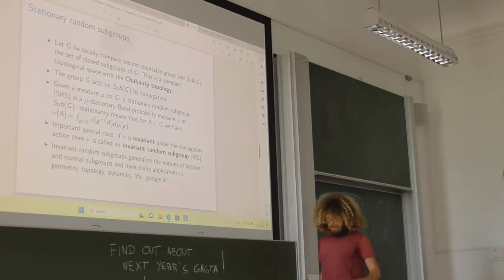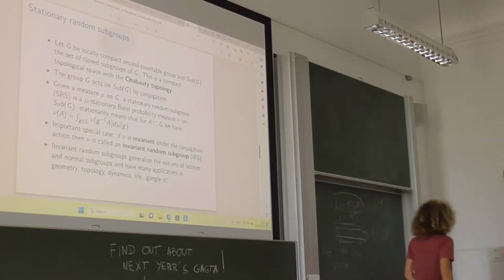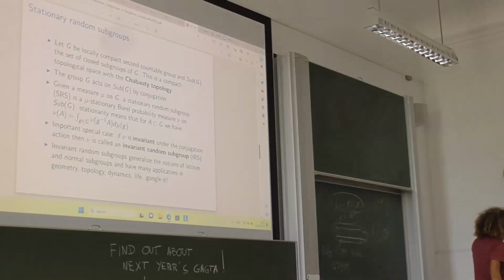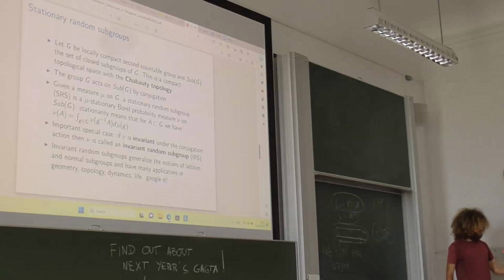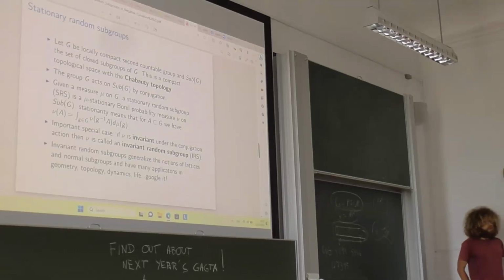You can look at the Hausdorff distance on this space. This is called the Chabauty topology. This is very nice. It's even metrizable. There's some gaps, but it's very big, but that's okay.